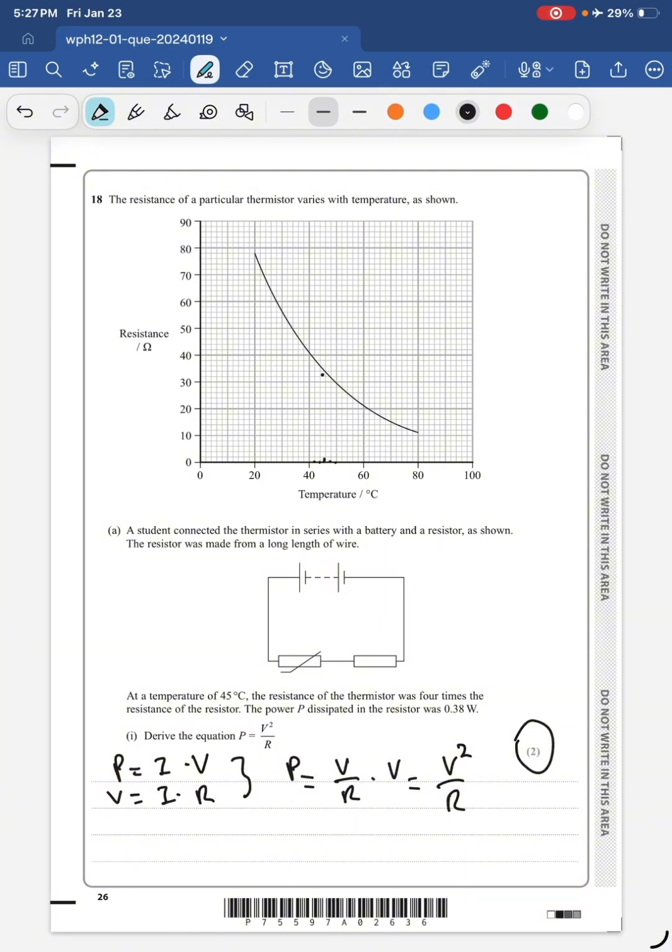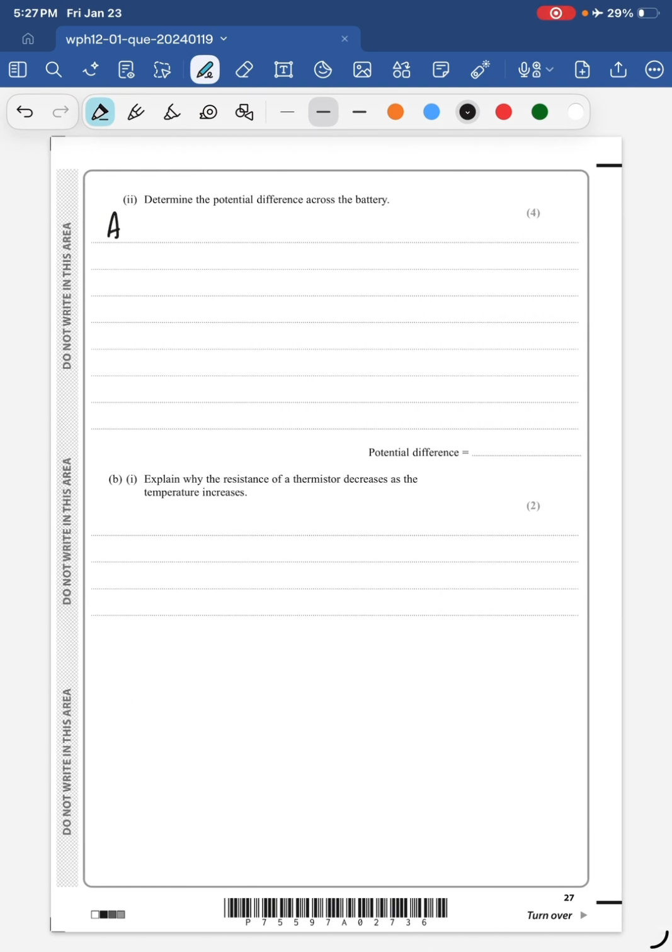I hope you can see this. So at 45 degrees, the resistance of the thermistor is 34 ohms.